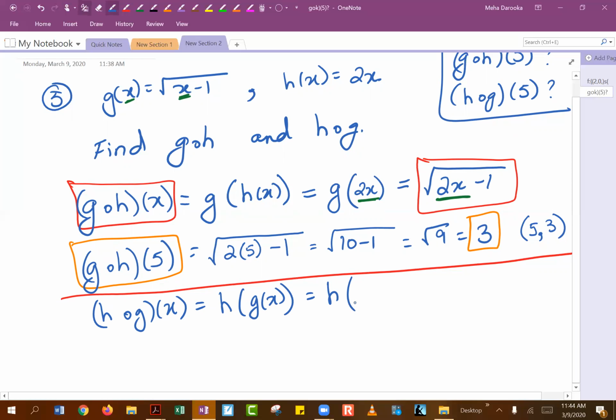Square root, right? So that will now replace the g of x. This becomes the input for your h function, which means this whole thing, the square root of x minus 1, is going to replace the x in the h function.